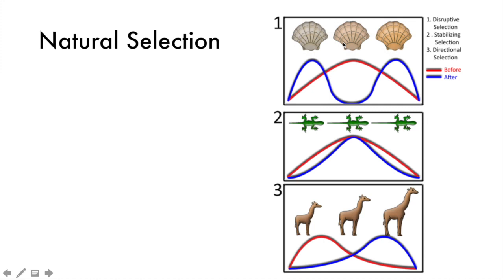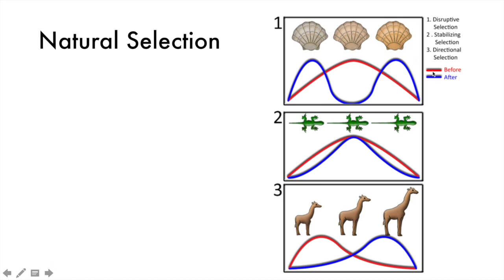And then say something happens and the geology of the beach shifts. And there's a lot of grayer rocks and a lot of browner rocks. And sort of tanner rocks in the middle aren't as good a hiding place for these scallops. So what's going to happen is over time, it's more adaptive to have either one appearance or the other.